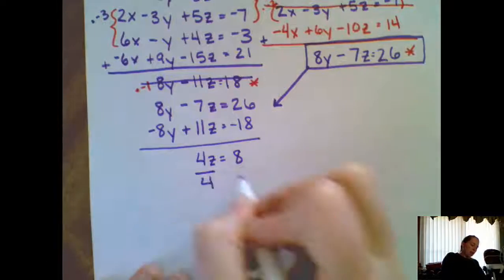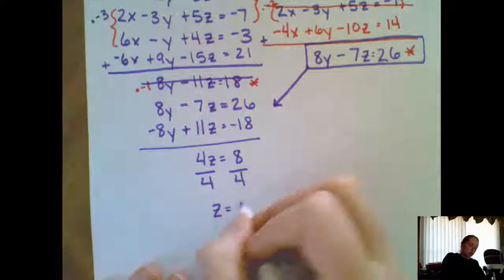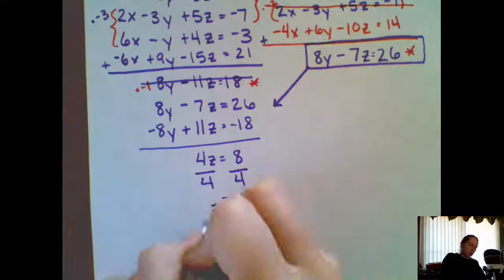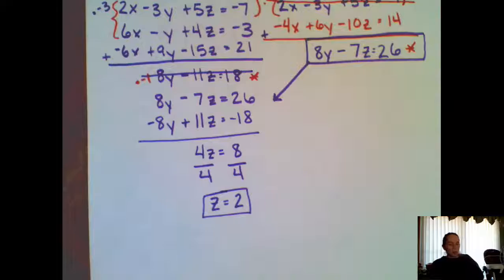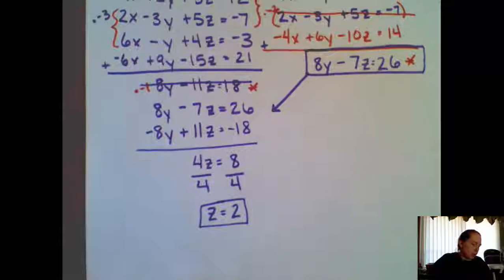We divide by 4, and 8 divided by 4 is 2. So what we now know is that z is equal to the number 2. Now we need to figure out what our other two numbers are.